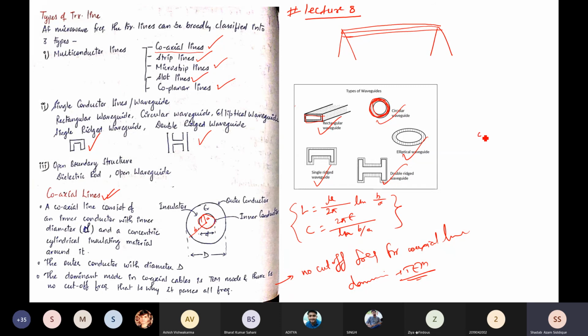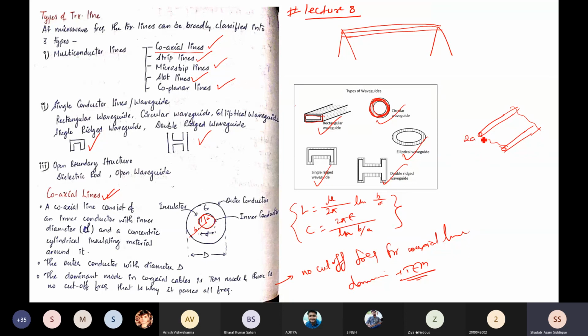If you want to find the inductance as well as the capacitance for the parallel wire transmission line: inductance is due to the current, or the magnetic field, propagating inside the line, and the capacitance is due to the parallel conductors.